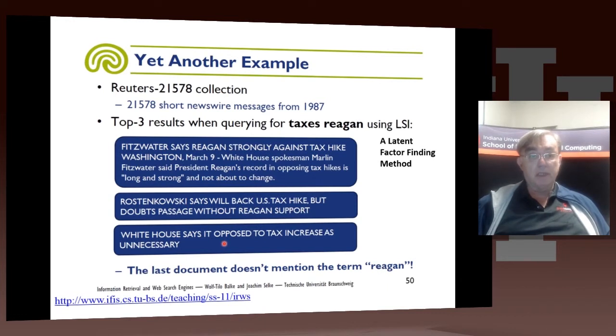An example of why this is interesting comes from applying a topic model, using some of the older technology, latent semantic indexing. If you query for Texas Reagan after a topic model has been applied, one of the documents it finds does not even have Reagan in it.